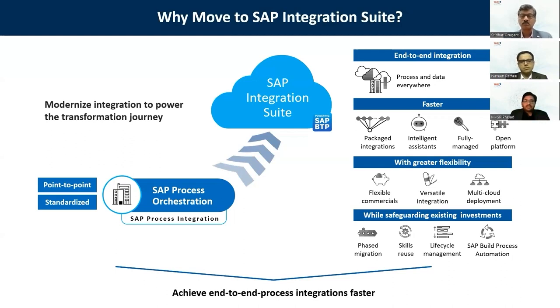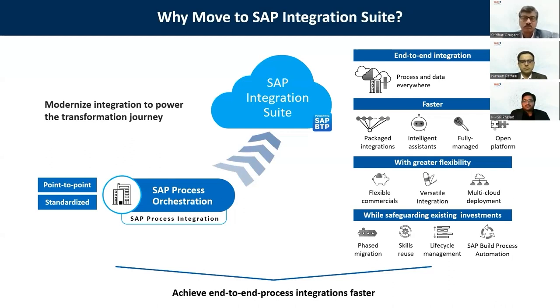So SAP is highly recommending moving from Process Orchestration to Integration Suite. These are the end-to-end integration points of view, and the faster modeling aspect for integration scenarios, with great flexibility when it comes to low-code.